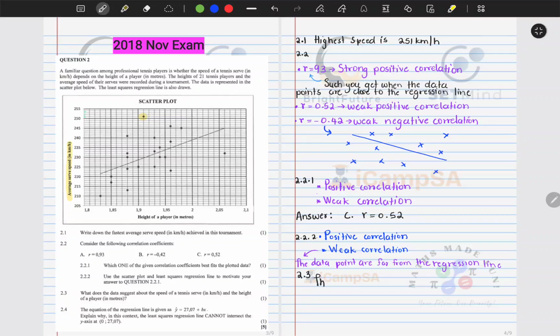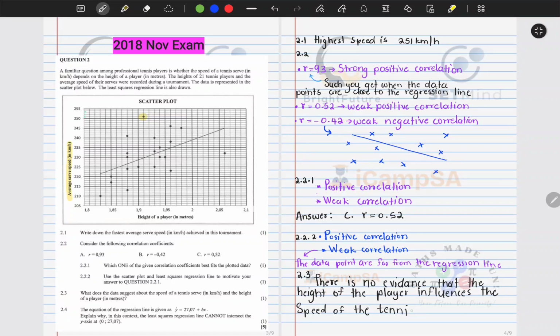So let's note that: there is no evidence that the height of the player influences the speed of the tennis serve.